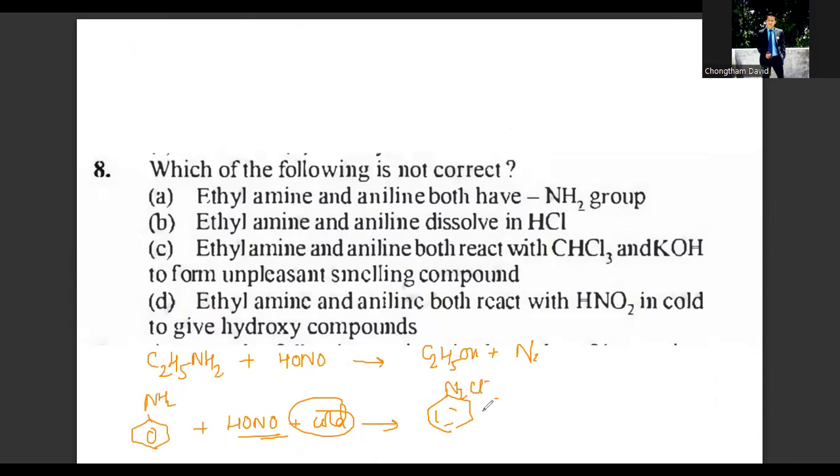So read the statement: ethylamine and aniline both react with nitrous acid in cold condition. So this will be the answer, D.